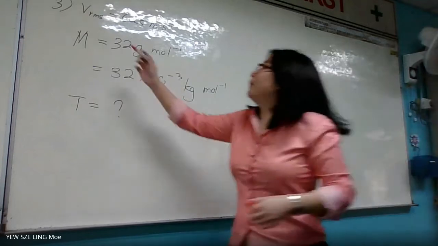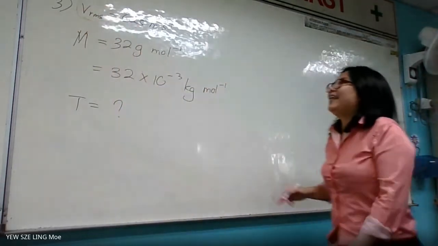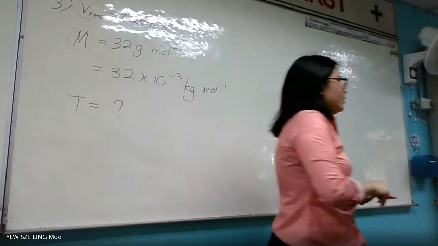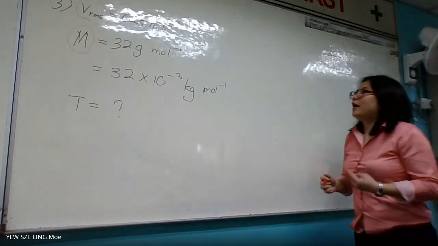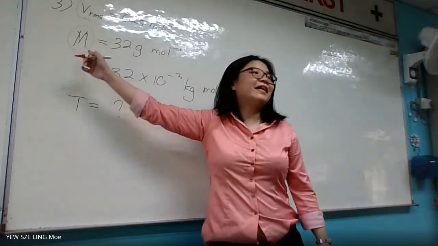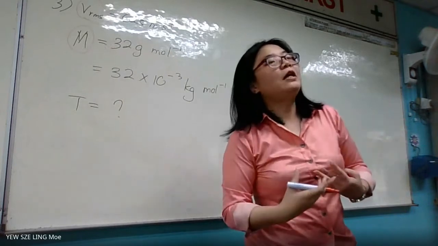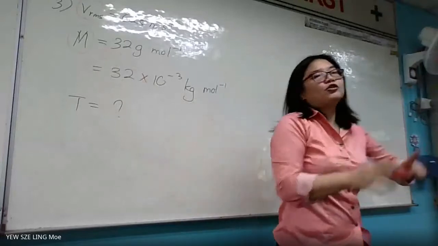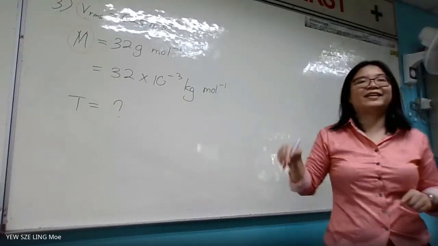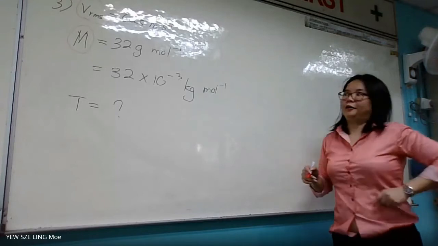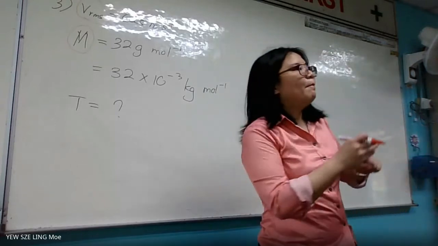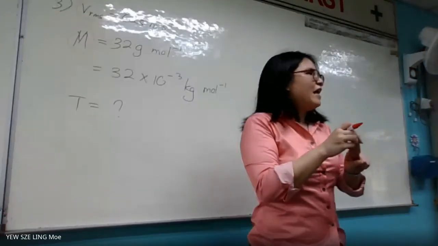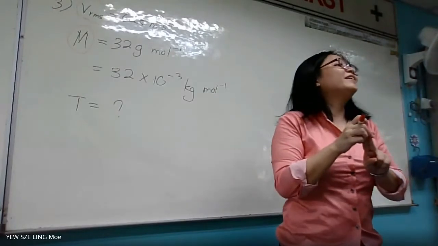You are given the RMS value, and then you are given capital letter M. I told you in the previous lecture, if you have molar mass, the capital letter M, then the best partner would be R. The best partner for capital letter M, molar mass, and also for the number of moles, small letter n, is R. Whereas if you are given the mass in terms of kg, or the number of molecules, then the best partner would be the Boltzmann constant k.